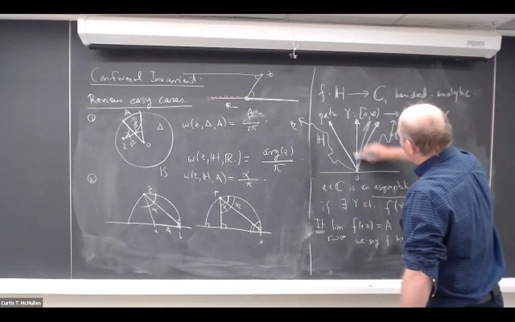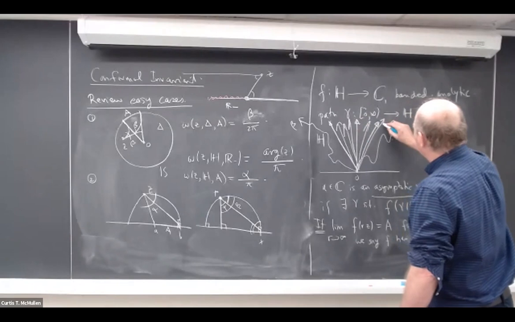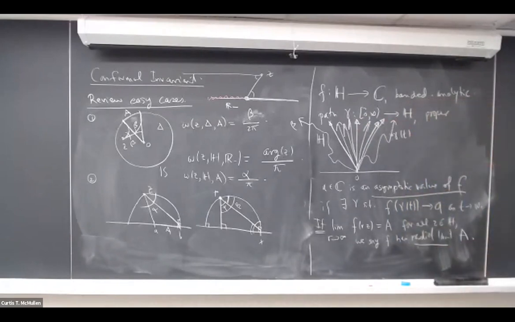Okay, so if you choose these paths and you get convergence, then we're happy and we call those the radial limit A.